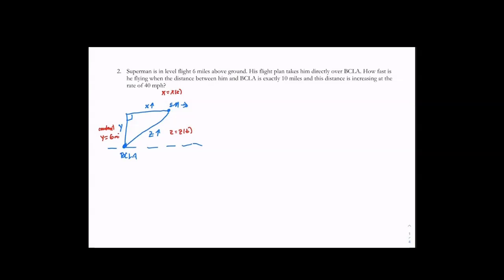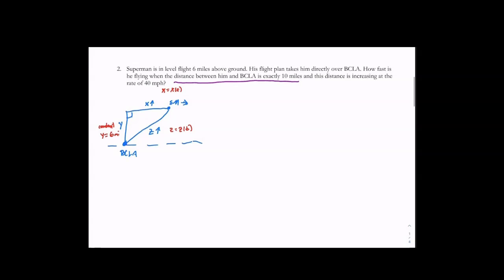What is the variable? There's only two variables left, so when you guess one and it's not right, it leaves only one variable left. And so this is the distance between Superman and BCLA. It's talking about the hypotenuse. It's telling you that Z is 10. So we're looking at the instant when we plug in that Z is 10.